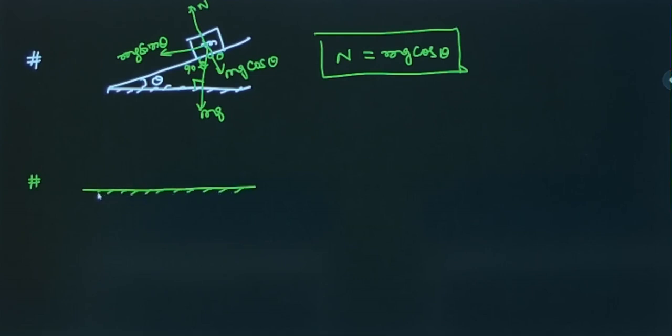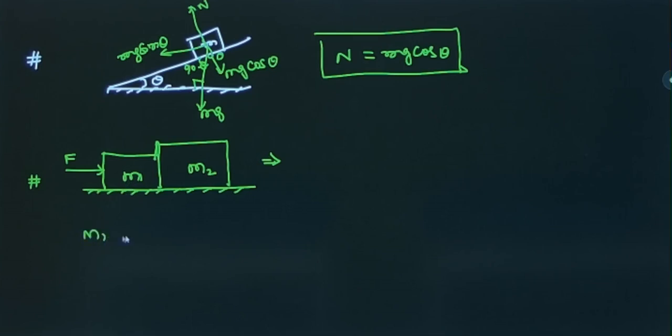Two blocks are in contact, M1 and M2. An external force, capital F, is acting on this. So here we can say M1 pushes M2 towards the right by a force N.